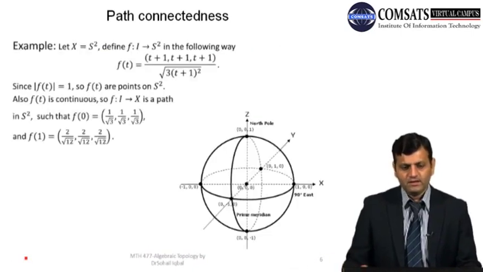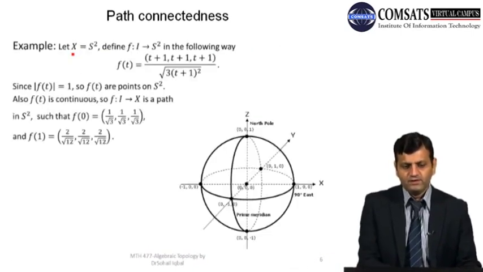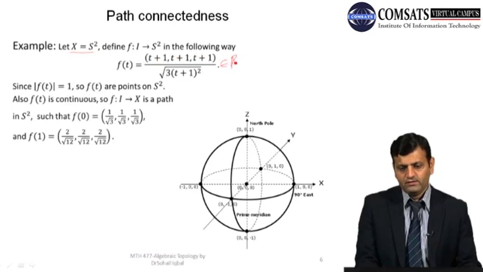Let's consider another example. In this case, we take our space to be S2, which is a sphere in R3, and we define our path in the following way. You can observe that these are points of R3, and what we have done is just divide this point by its norm.